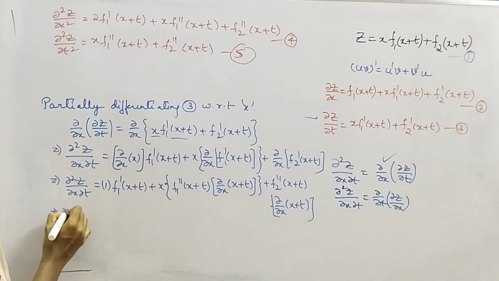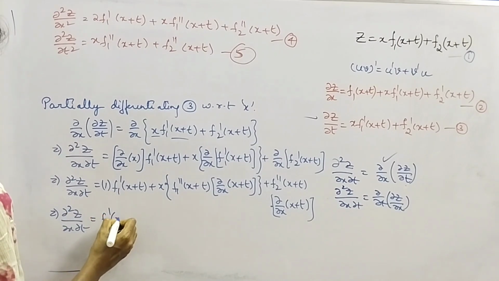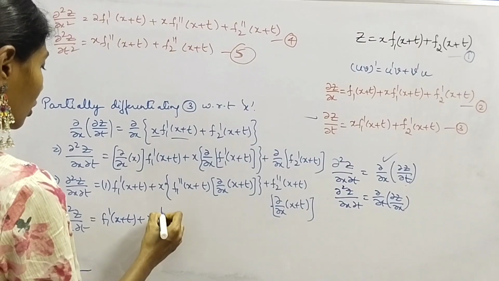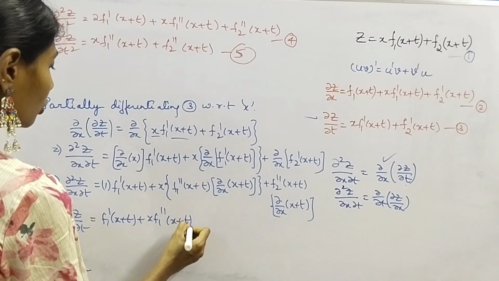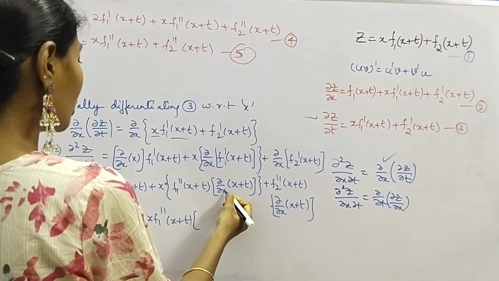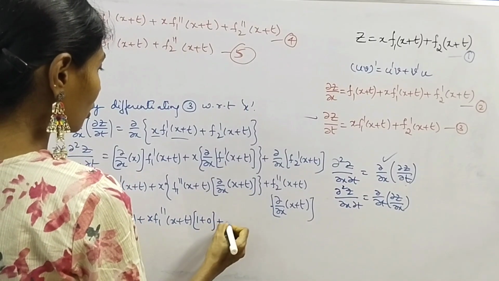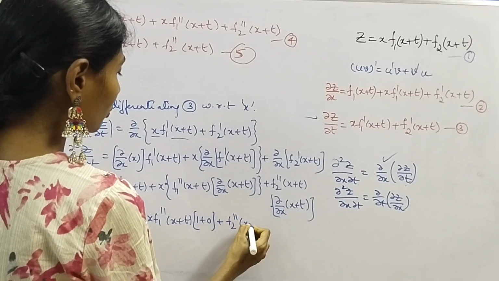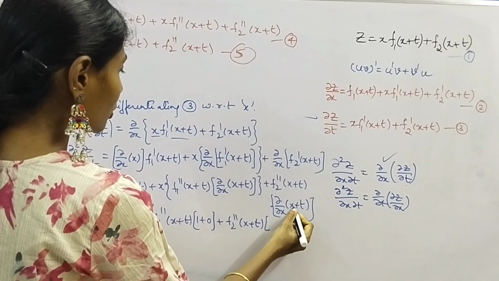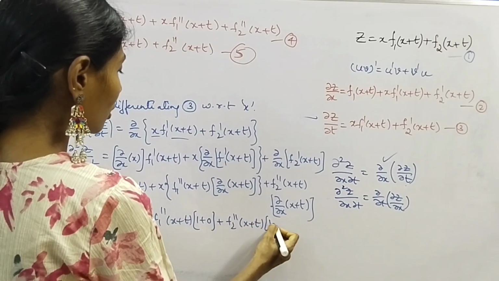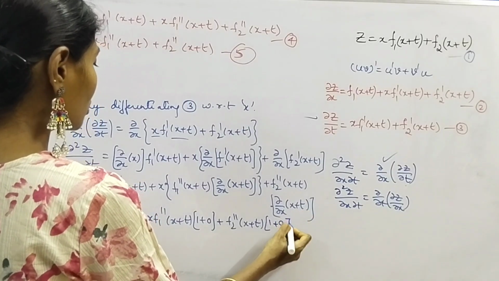This gives us ∂²z/∂x∂t equal to 1 into f1 prime is f1 prime, plus x into f1 double dash of x plus t into partial derivative of x with respect to x is 1, partial derivative of t with respect to x is 0, plus f2 double prime of x plus t into partial derivative of x with respect to x is 1, plus partial derivative of t with respect to x is 0, right?